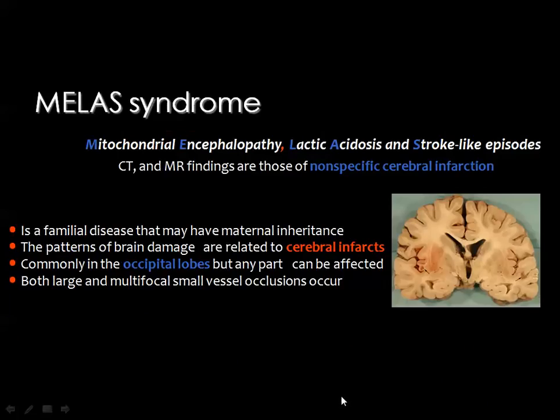Then we came to the MELAS syndrome, which is the abbreviation of mitochondrial encephalopathy, lactic acidosis, and stroke-like episodes. This is a familial disease, and the main abnormality in this disease is the presence of cerebral infarction.